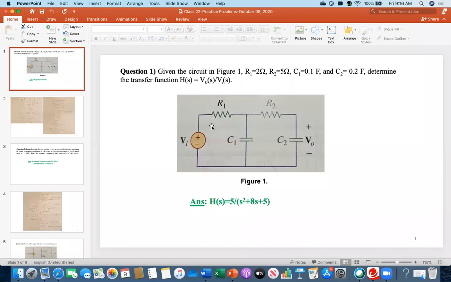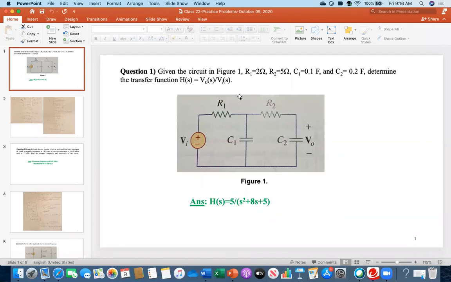And then that is your total impedance, and then find the total current, Vi over that total impedance. Once you get the total current, apply the current divider rule. Some current is flowing through C1 and the remainder is going through R2 and C2. Your goal is to find this current. Once you get that current, multiply it by the impedance of C2, and that will be your V naught.